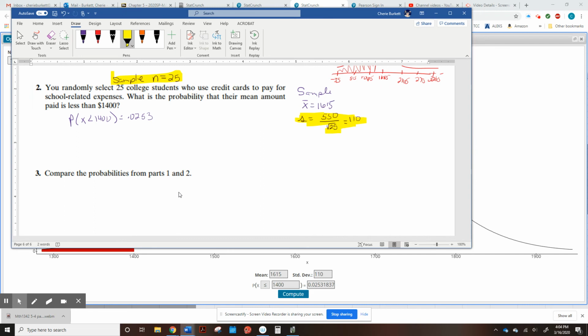The probability for the sample is unusual. Why is it unusual? Because this is about 2.5%. Move the decimal over and it's about 2.5%. This is unusual. Anything less than 5%.